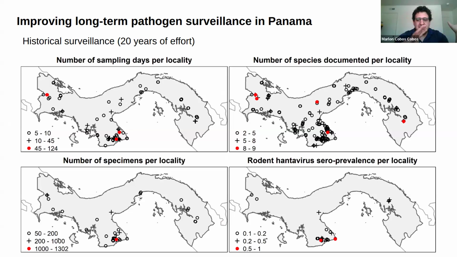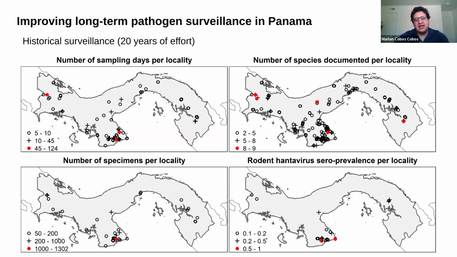This is a lot of points and a lot of things, but if you see block by block, this is showing us the number of sampling days per locality, which indicates the effort that has been put, the number of species documented, which is low in a sense here, but in particular I'm working only with rodents, and the number of specimens per locality, which, as you can see in some of those, is very large because of the amount of times that people have gone there and the interest in those regions.